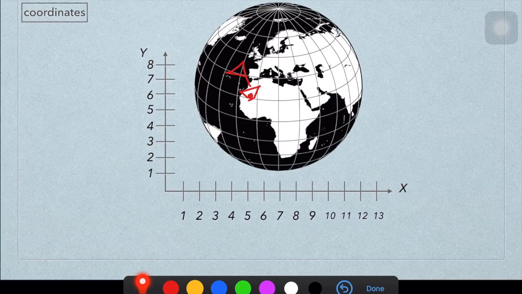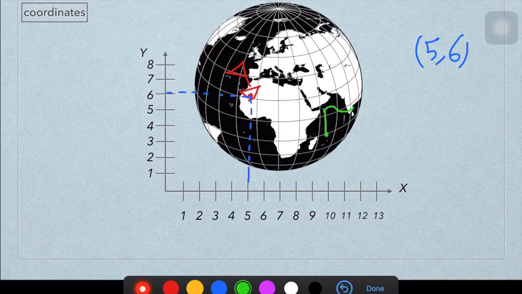But anyhow, they follow the same logic. So if I want to point to this boat, I would say, yes, it has the x of 5 and y of 6.